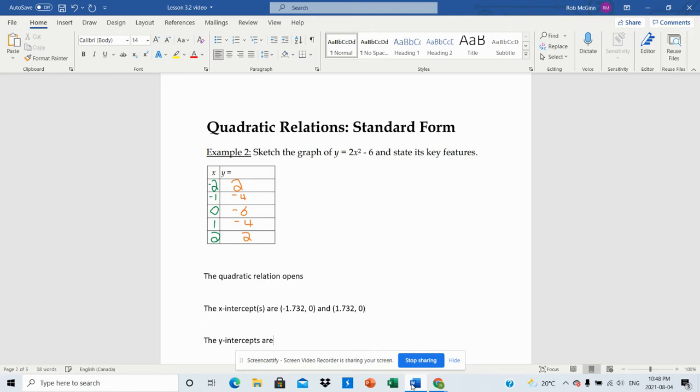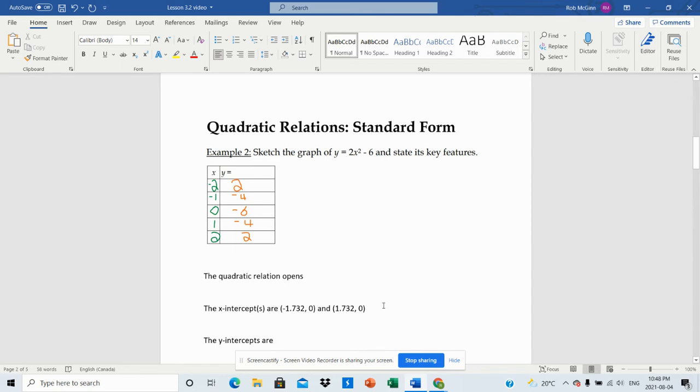Now, the y-intercepts are, well, we're only going to have one y-intercept in this one, and we can get that. Remember, our standard form is y equals ax squared plus bx plus c. Well, we don't have a bx, but we do have a c, and we know our c is always our y-intercept. In this case, it's negative 6.